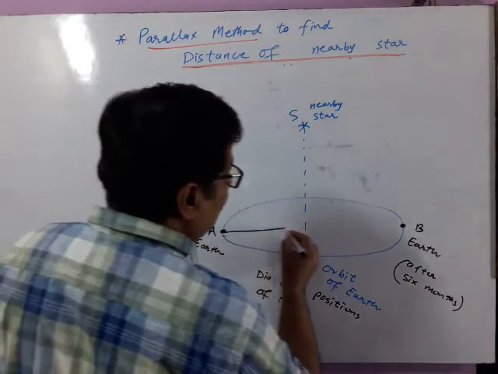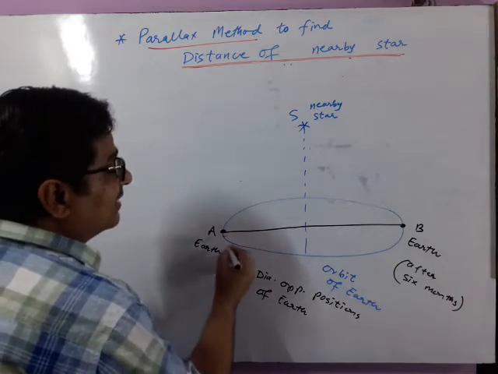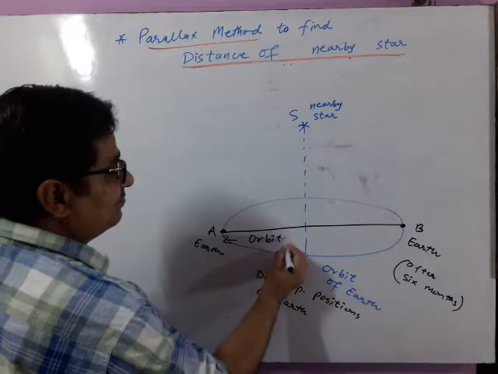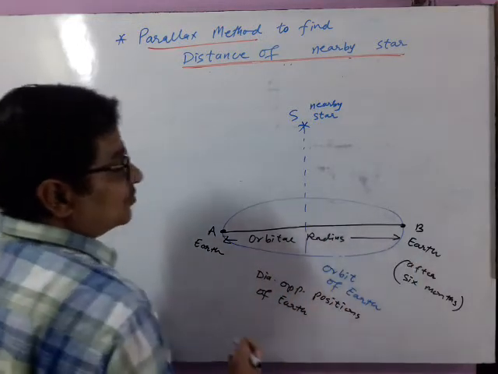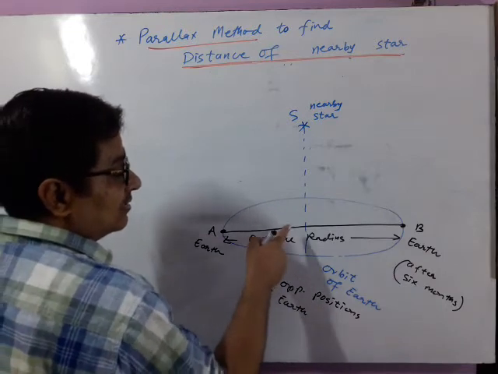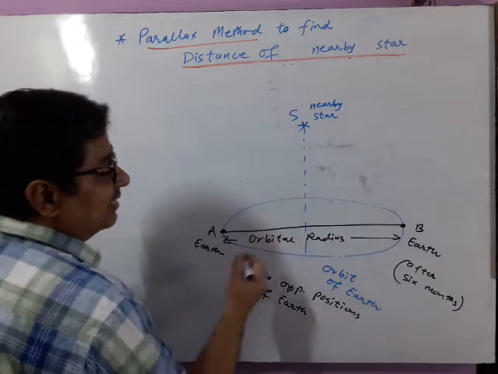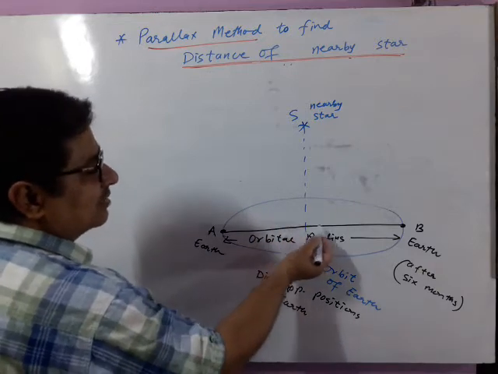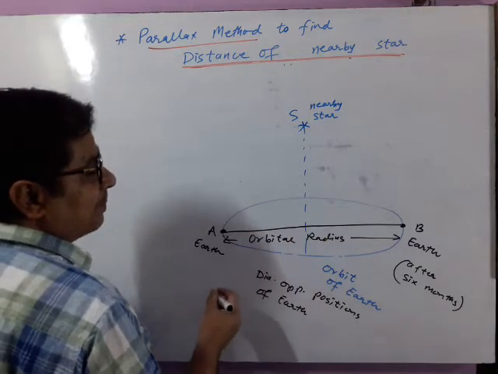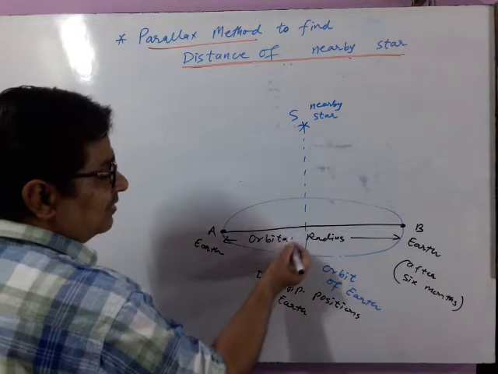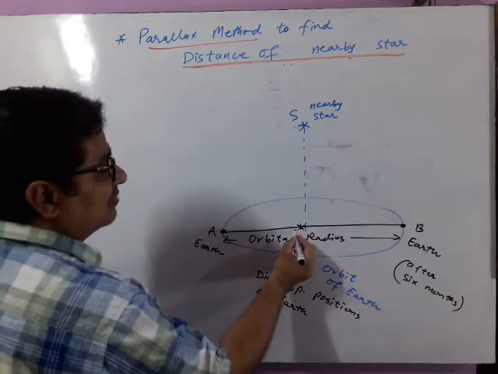And this distance between two positions of Earth is called the orbital radius. So the sun is somewhere in between, you will see in Kepler's laws, precisely, it is not at the center, it is a little bit here or there on the focus point, but for this topic you may consider it in between, and let us say here is the position of the sun.